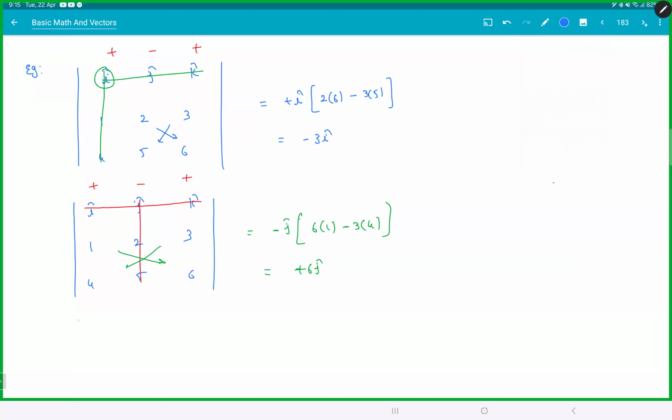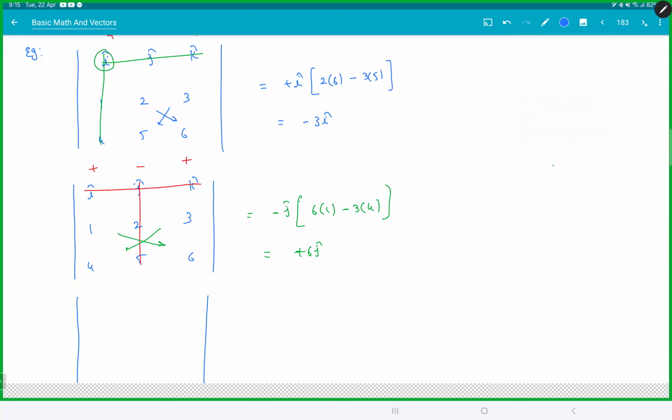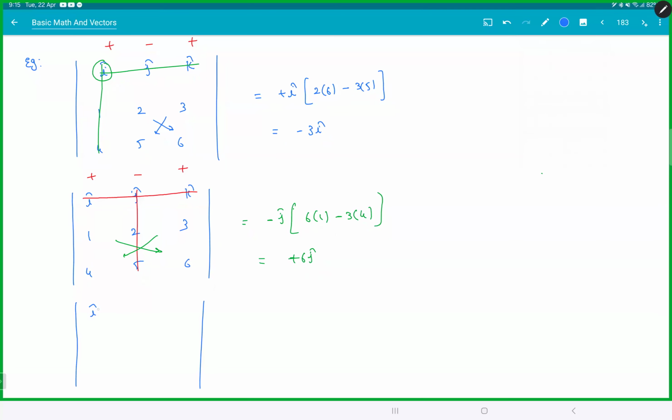Then the third one, I, J, K, 1, 2, 3, 4, 5, 6. So now I will choose the K cap, plus, minus, plus, cancel this and cancel this. These two will multiply. So this is plus K cap into 1 into 5 minus 2 into 4.